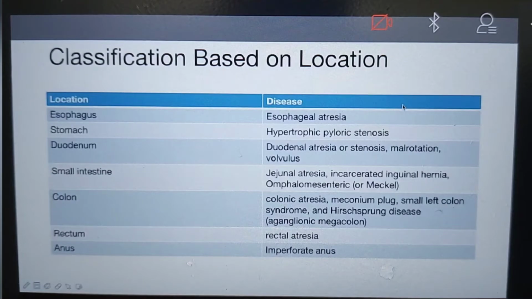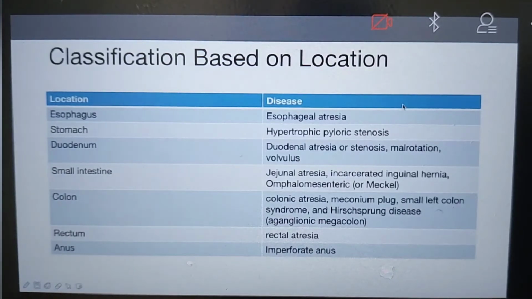If in the small intestine, it can be jejunal atresia, hernia, or omphalomesenteric remnants. It can also be colonic atresia, meconium plug, small left colon syndrome, or even Hirschsprung disease. If in the rectum, rectal atresia, or in the anus, imperforate anus.